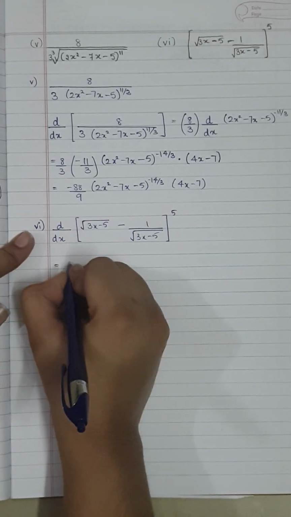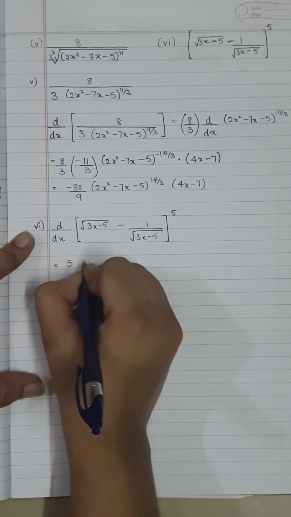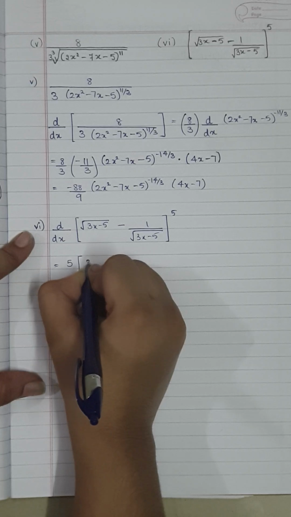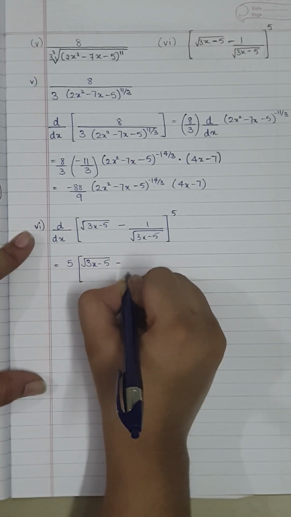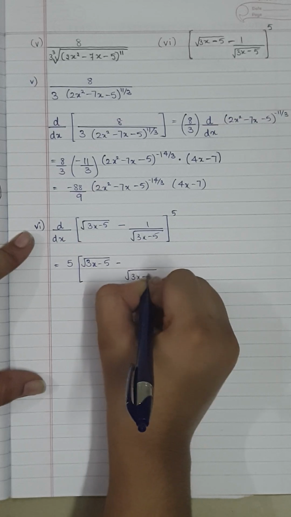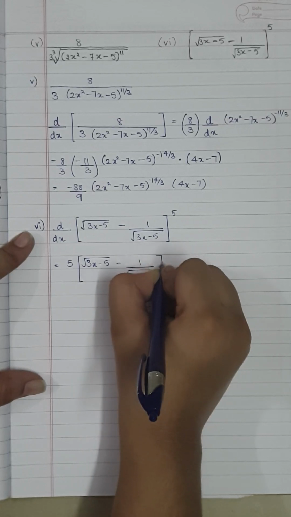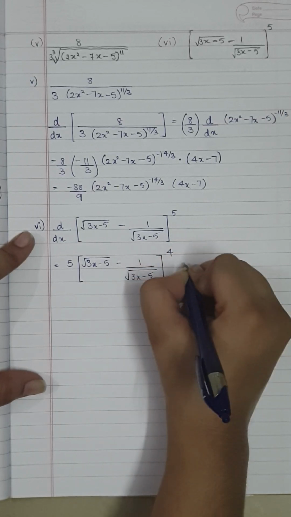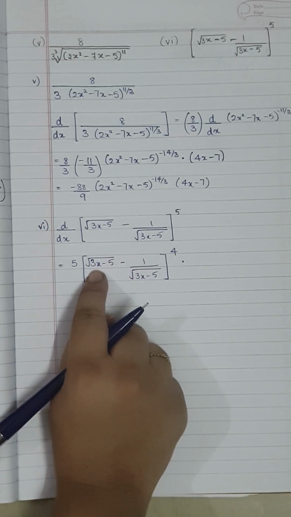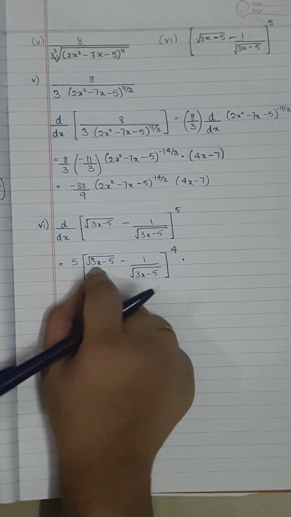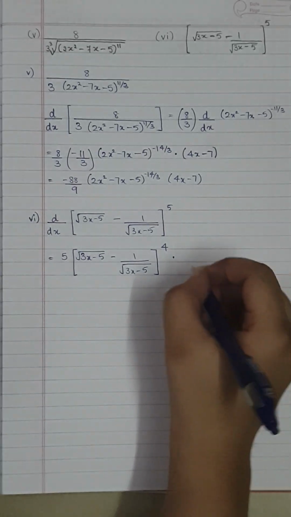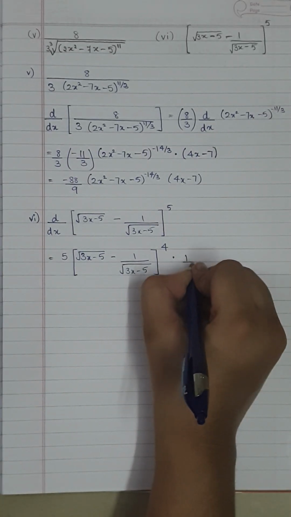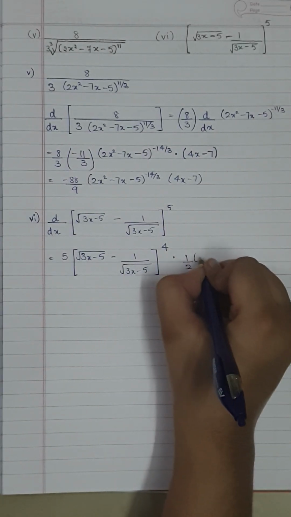Differential of this will be n over here, f of x as it is, root 3x minus 5 minus 1 upon under root 3x minus 5, and 5 minus 1 is going to be 4. Using chain rule, the differential of this will be, you can write this as 3x minus 5 to the power 1 by 2. So that will be 1 by 2 into the differential of 3x is 3.